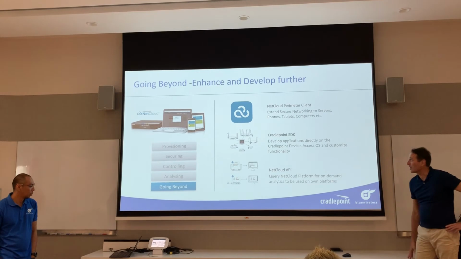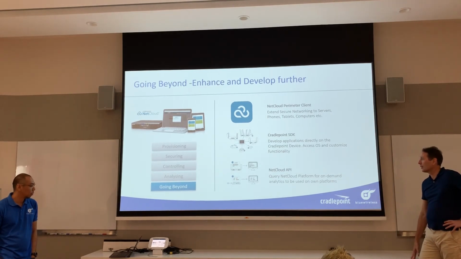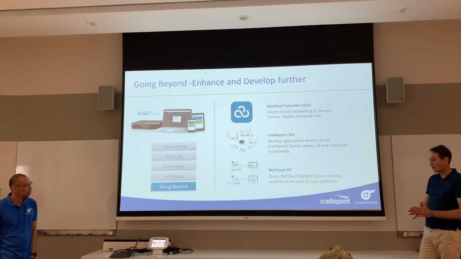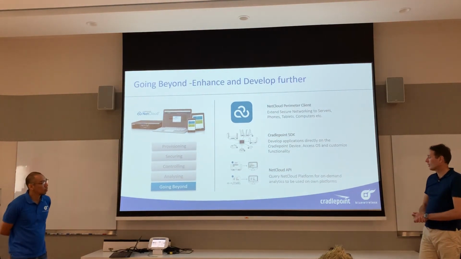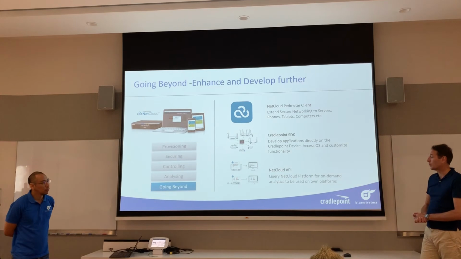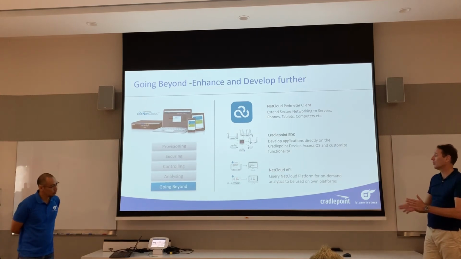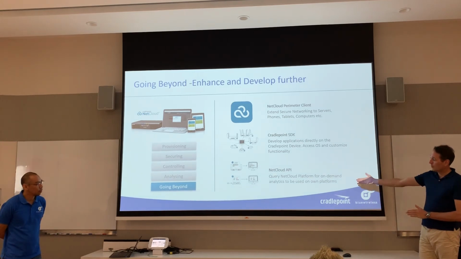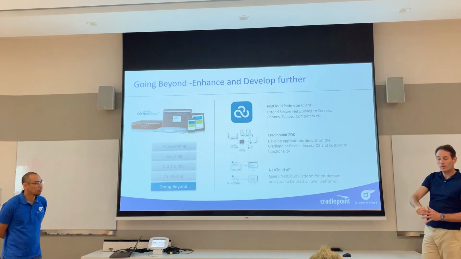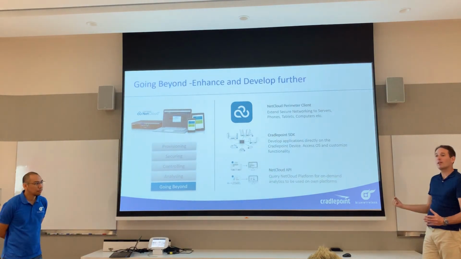And last but not least, NetCloud can be extended to also non-Cradlepoint devices. Again, with the team from Single Technologies, they're building it into their robots. Now there are some really interesting things you can do with APIs, where you can pull certain information from the router, like GPS location, and use that in a different application.